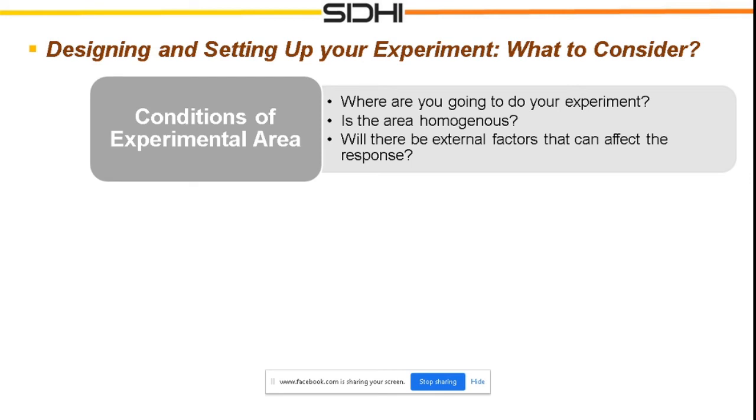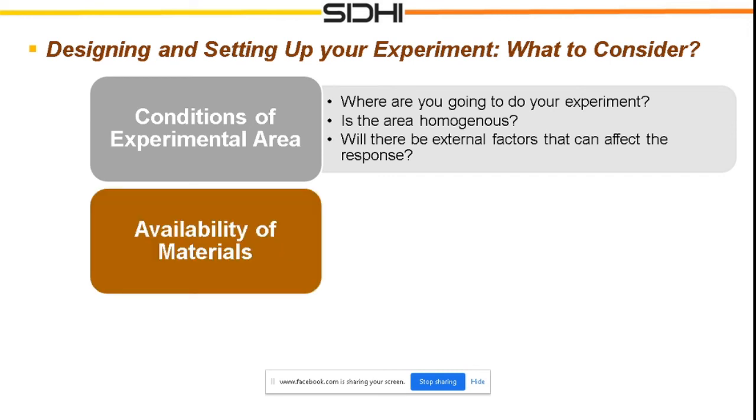Hindi ko ina-expect na masyado palang malakas yung pasok ng sunlight. So what happened? My drought stress became more stressed that the response of my positive control became negative. So that's the importance of knowing the condition before you actually establish your experiment.